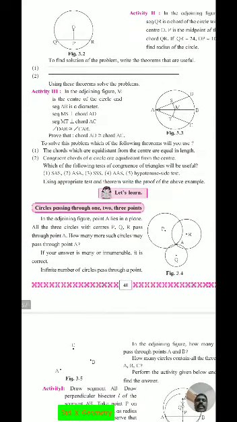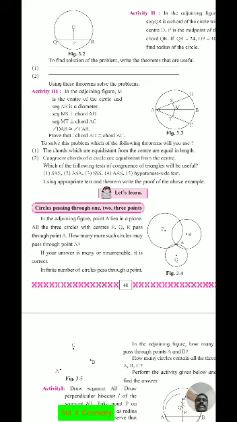In the adjoining figure, M is the center of the circle which is given. We can observe figure 3.3 to know more. In this, M is the center of the circle and segment AB is a diameter.